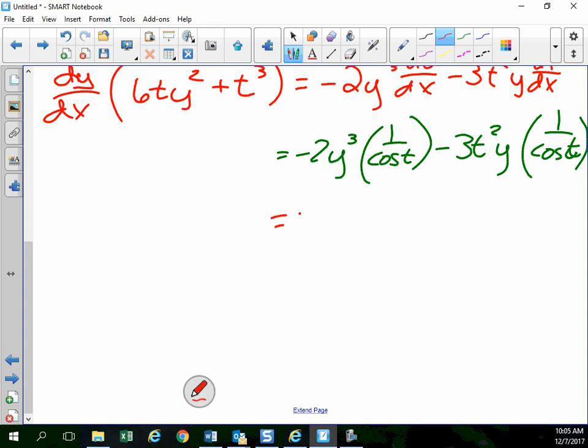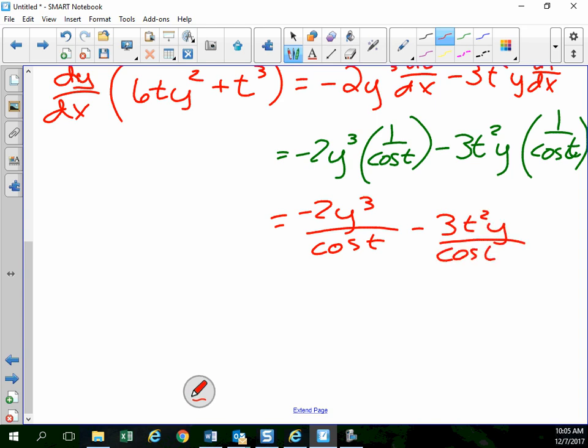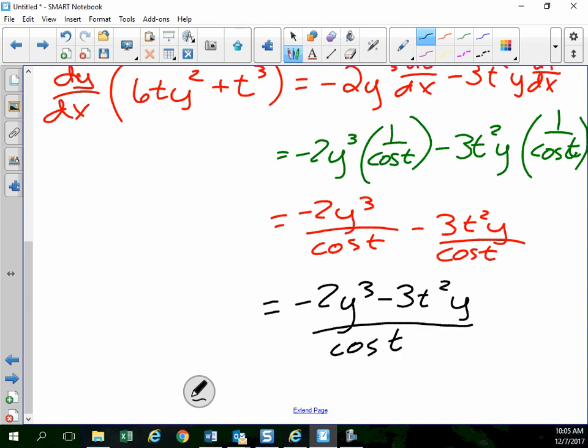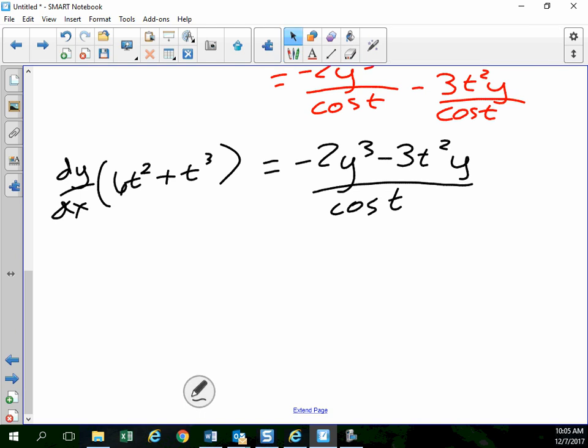Well, that makes this negative 2y cubed over cosine t minus 3t squared y over cosine t. Oh wait, they're both over cosine t. Doesn't cancel. Oh, but I can combine them. Now can I divide?